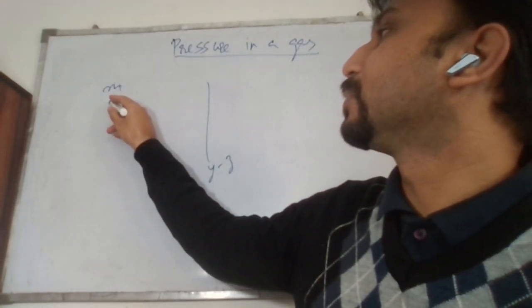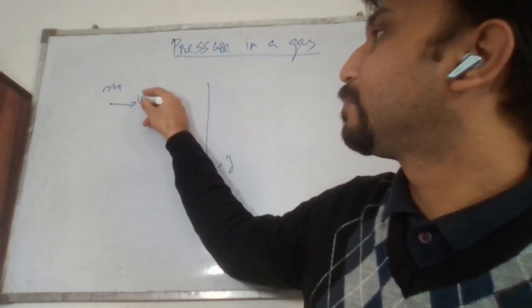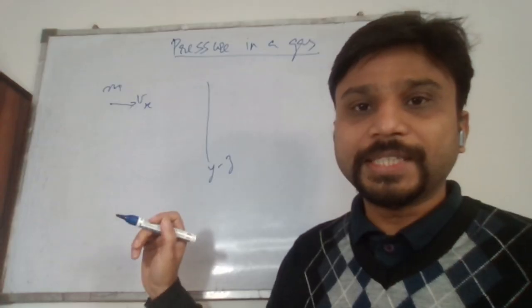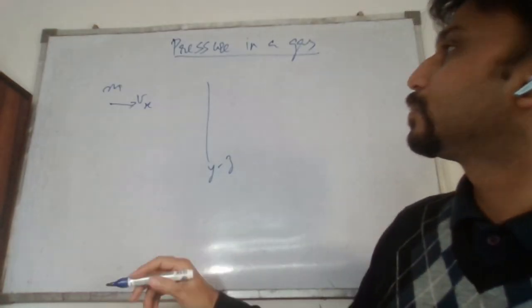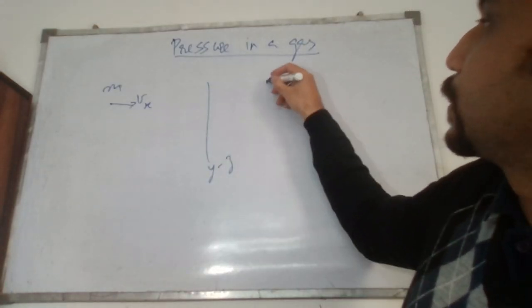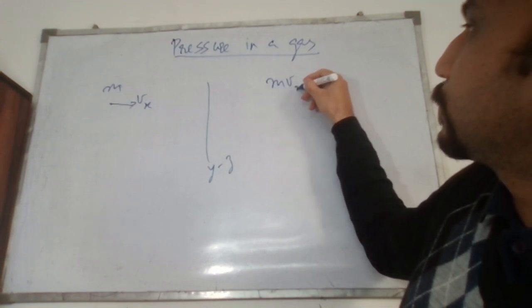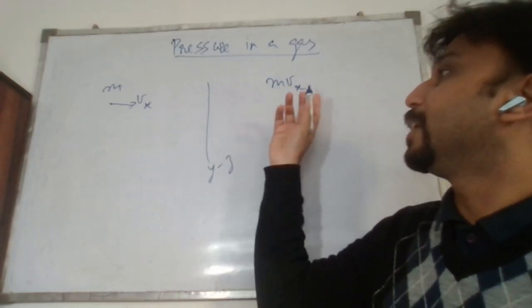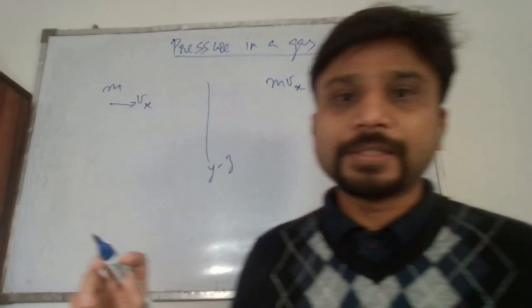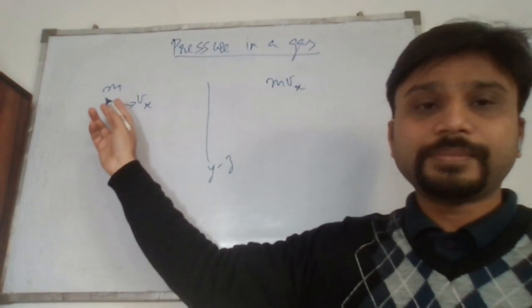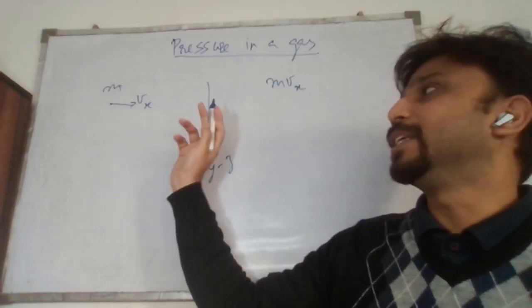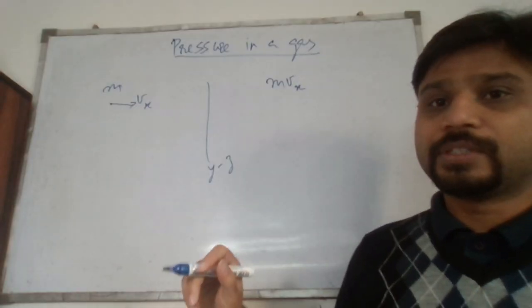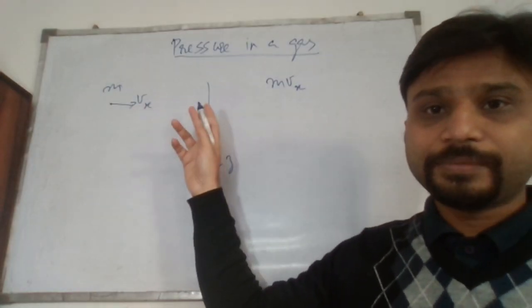As it is moving with some speed vx, its momentum is m into vx. Its mass is m, its speed in the x direction is vx, so its momentum is m into vx.